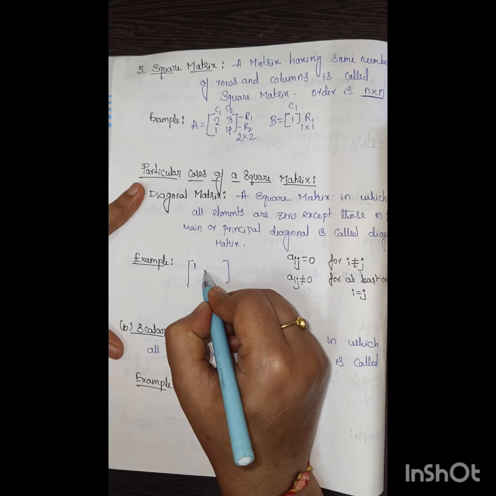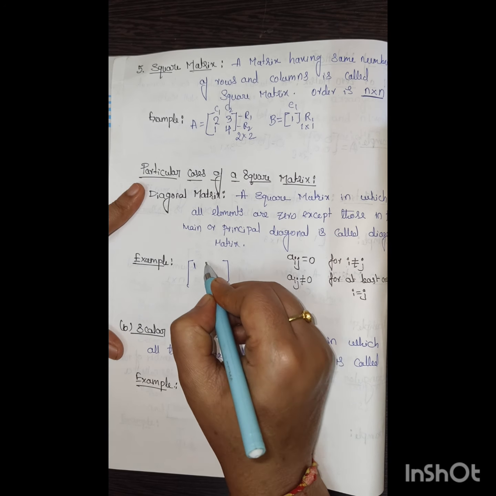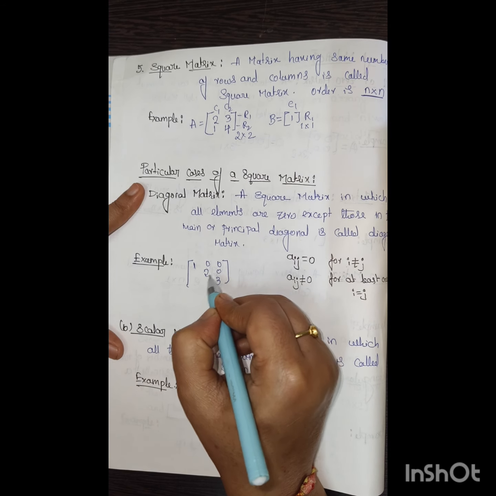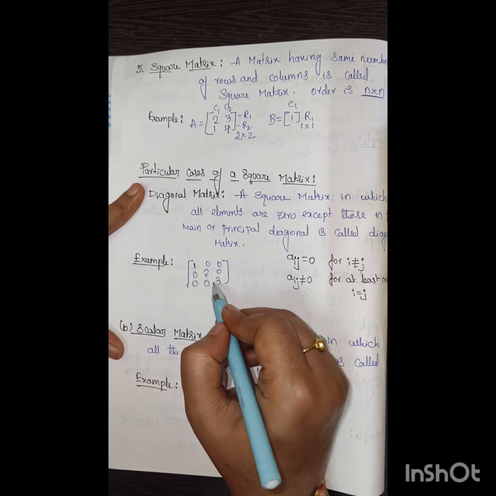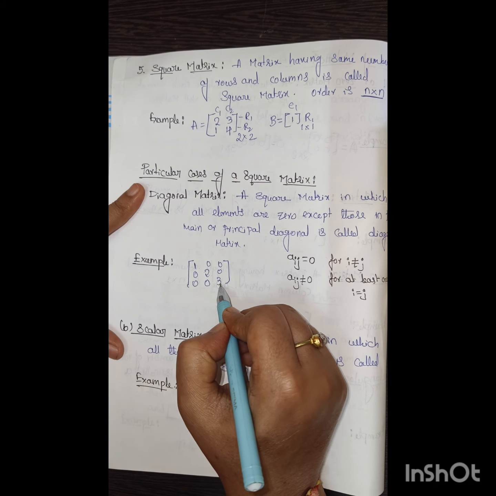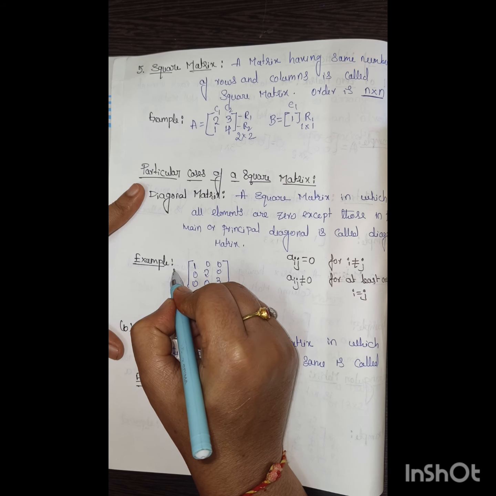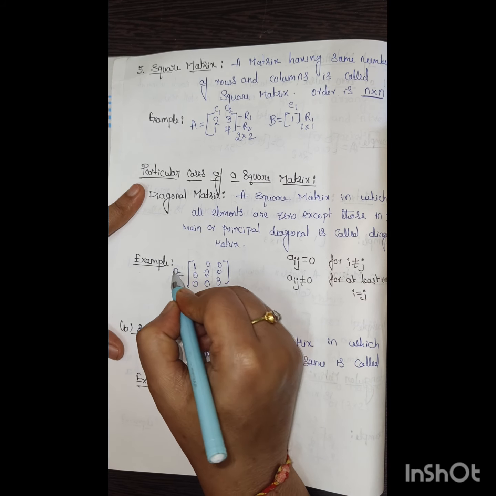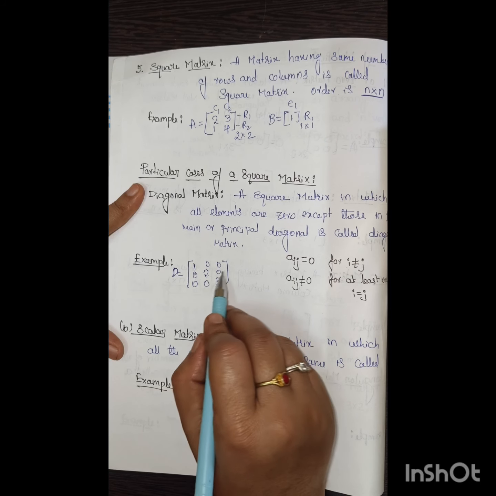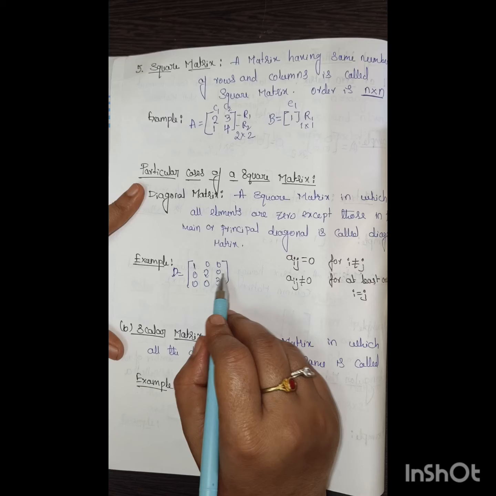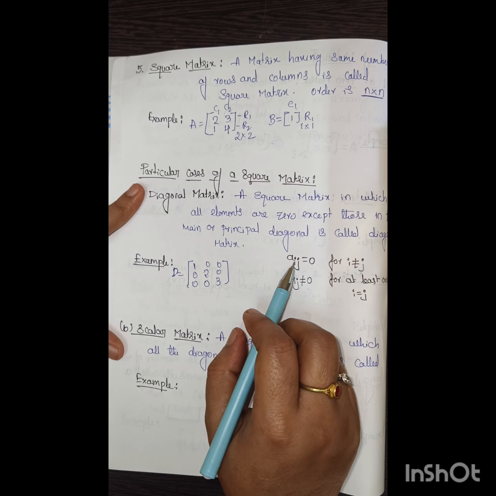So it's 1, 2, 3, and it should be a square matrix. See here. The diagonal elements here are 1, 2, 3, and all the remaining elements are 0. So it is called a diagonal matrix, and the condition comes here as Aij.